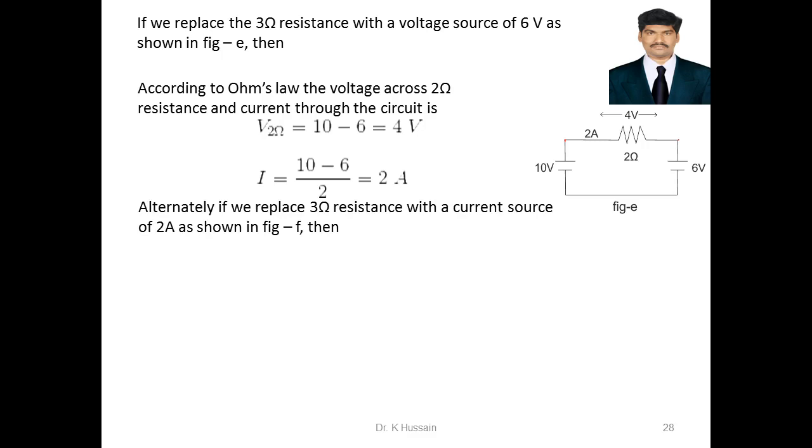Here we are replacing the resistance by which one? A current source. How much current source are we taking here? 2 amps, right? Because we already found that the total current is 2 amps only. Now you see the circuit here.